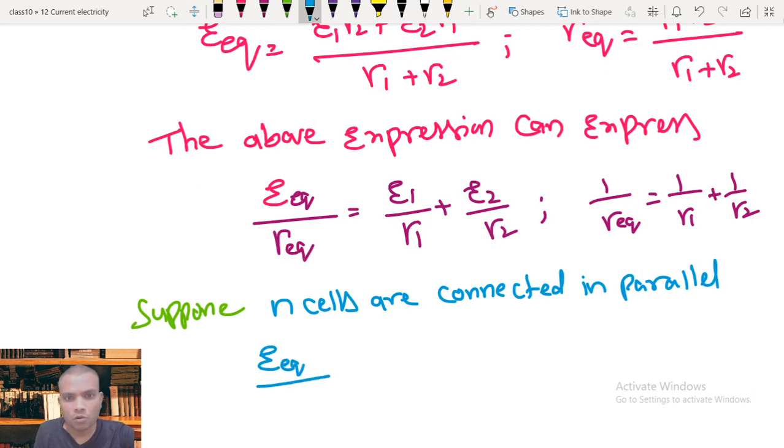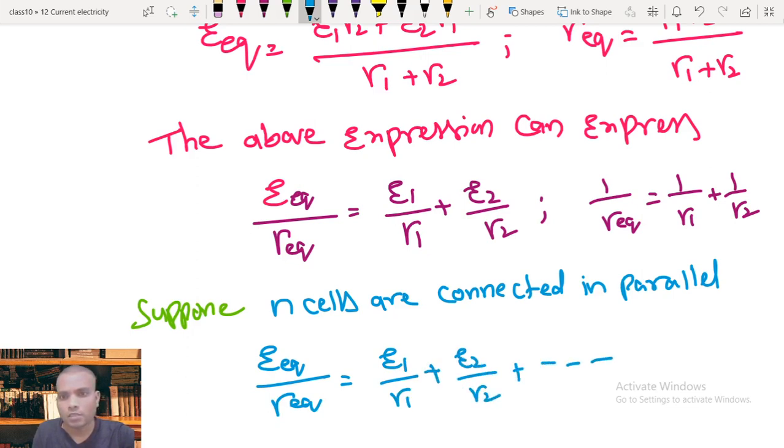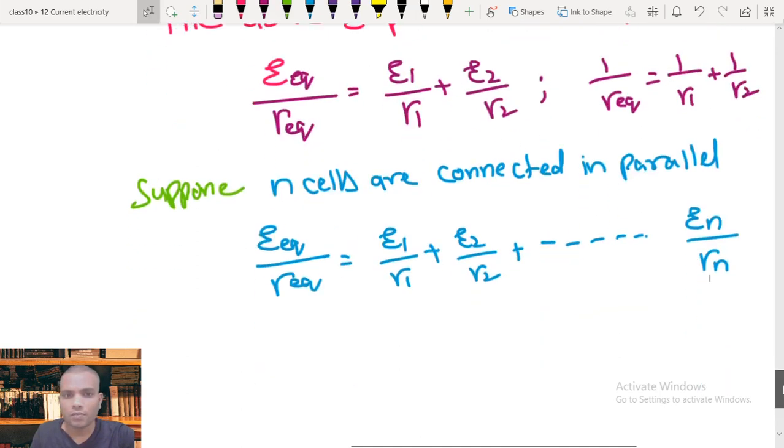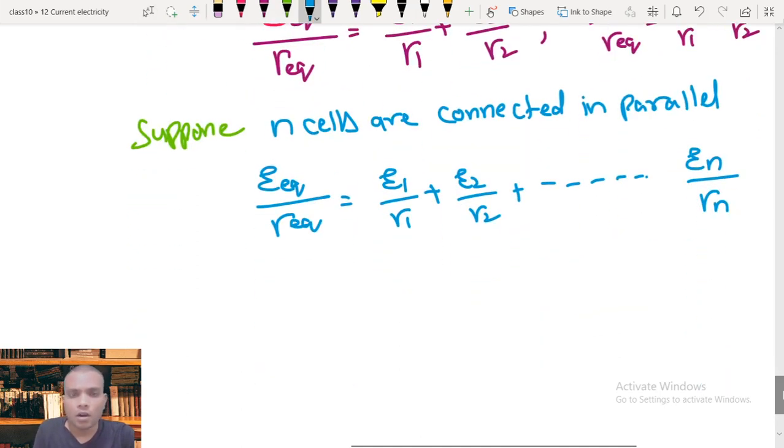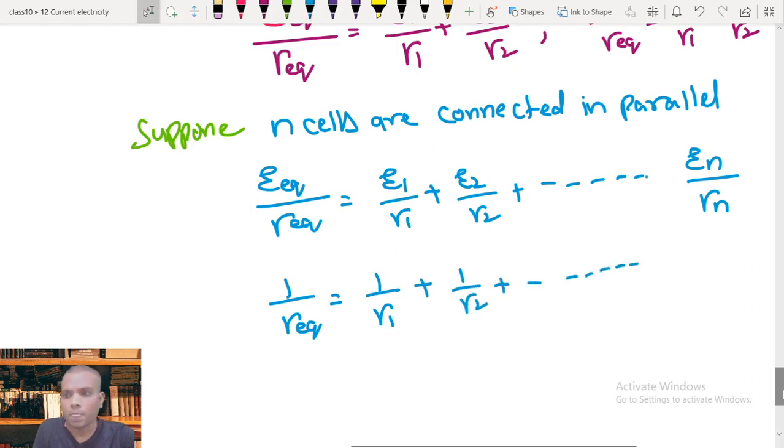EMF equivalent upon R equivalent equals E1 by R1 plus E2 by R2 and so on, plus En by Rn. Similarly for the R equivalent, I can write 1 over R equivalent equals 1 by R1 plus 1 by R2 plus and so on, 1 upon Rn.